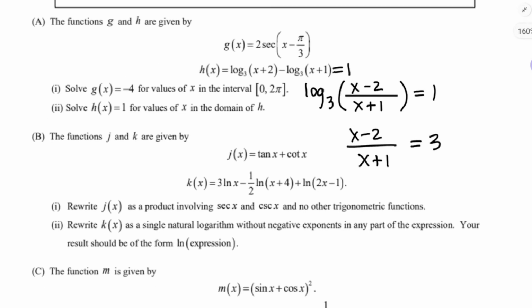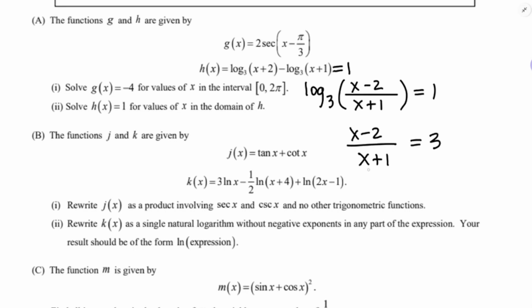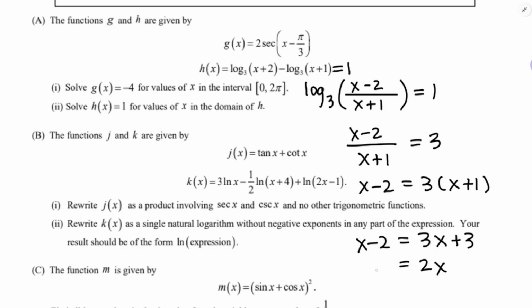Then you could think about it as cross multiplying or just multiplying both sides by x plus 1. Okay, so that's x minus 2 equaling 3x plus 3. I might subtract an x from both sides, maybe subtract 3 from both sides as well, divide by 2, and get x equals -5 halves.